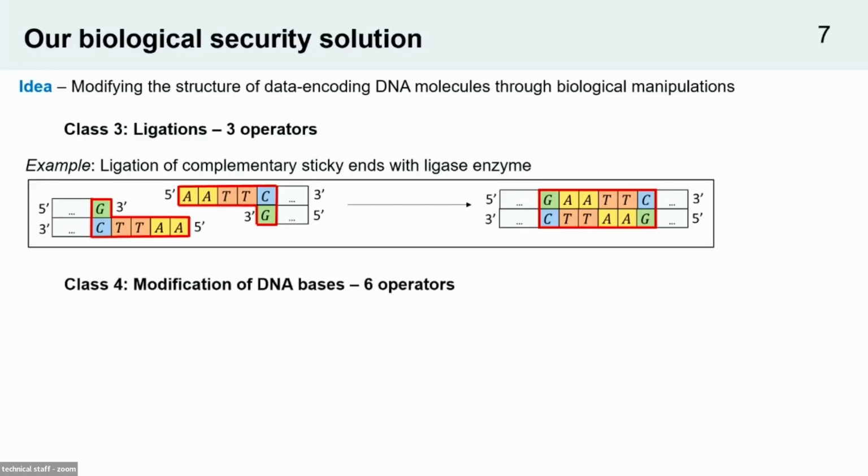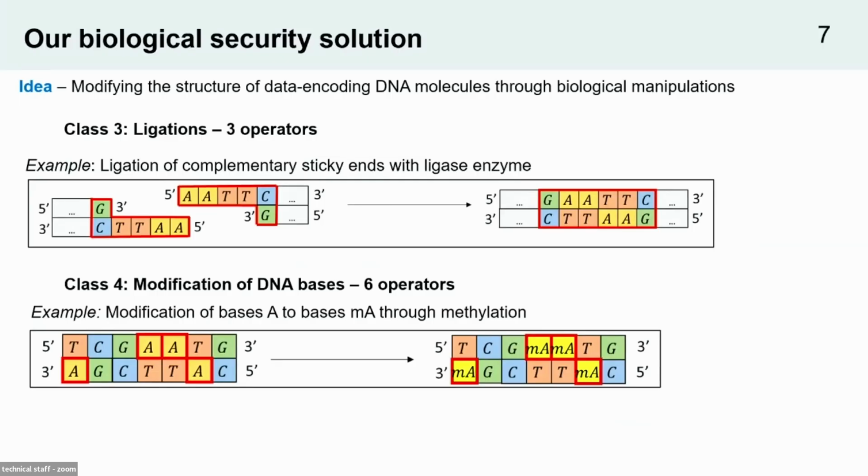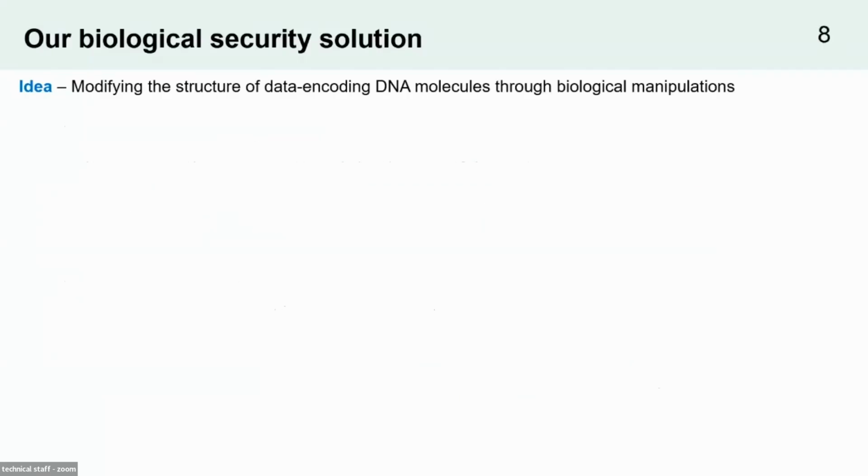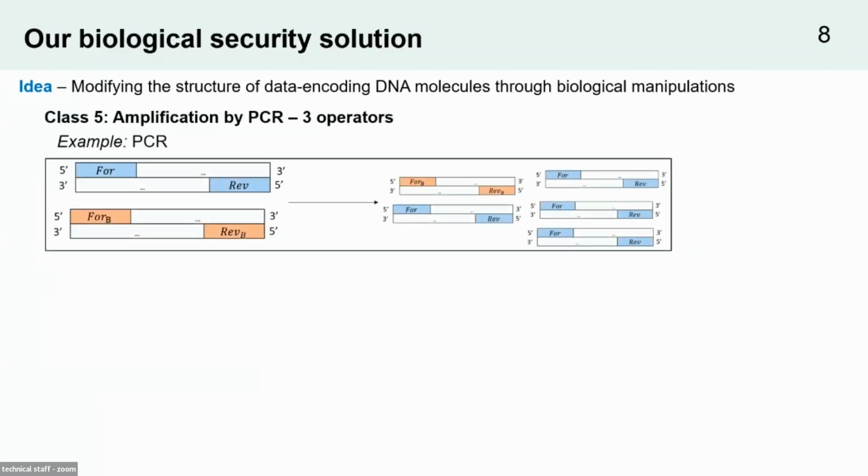We've also identified the fourth class, which is modification of DNA bases. Here, with methylation, it's possible to modify A bases to MA bases, so to have an alphabet that's bigger than just bases A, C, T, and G. And the fifth class is the amplification by PCR.